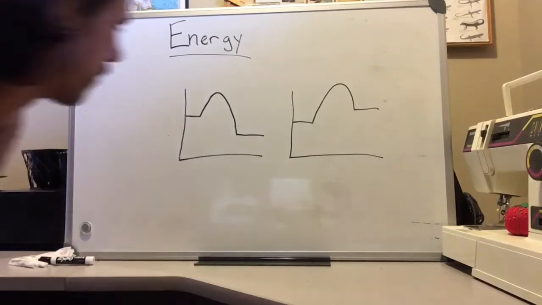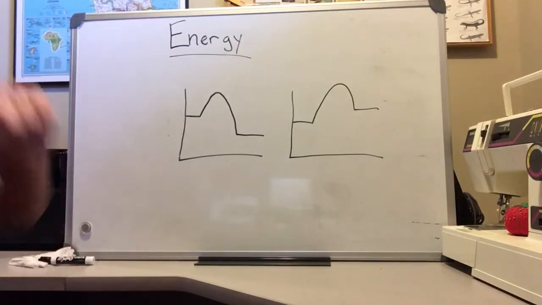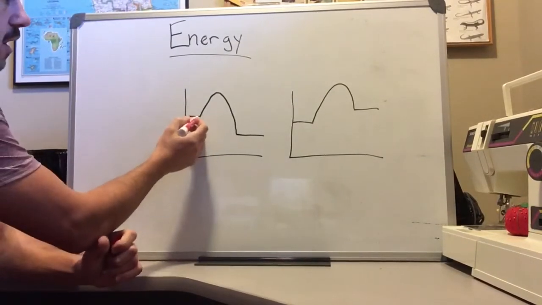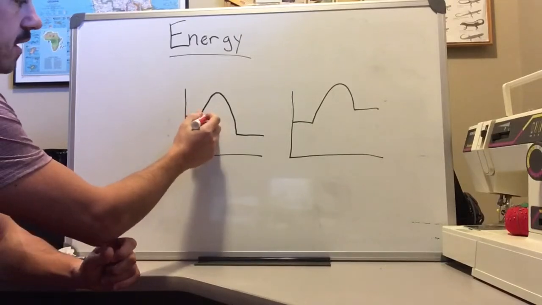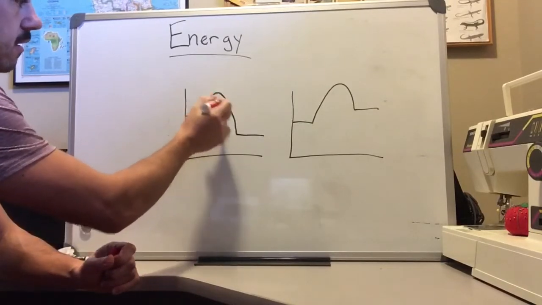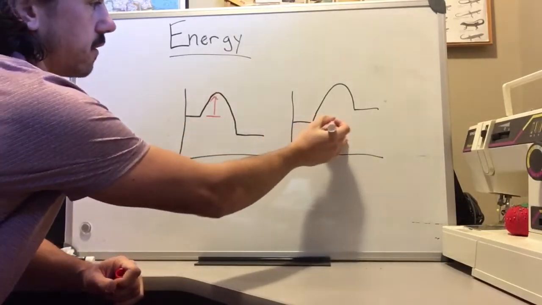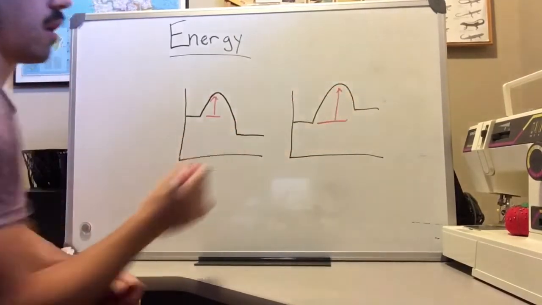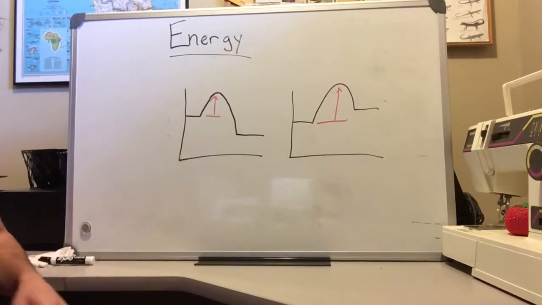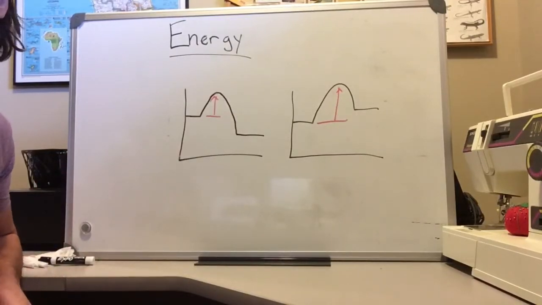So looking at both of these graphs, the one thing that they share in common is we're starting at the energy of our reactants, and then our reactants are going to gain energy in the beginning, right? So it shoots up to this point in both of these graphs. So that energy that our reactants are gaining is called my activation energy.